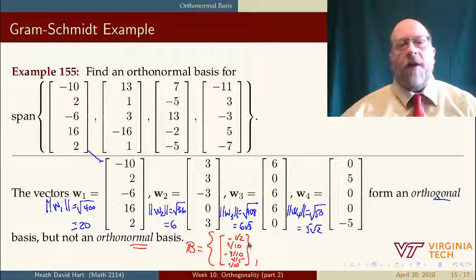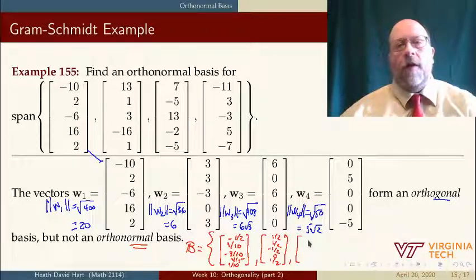These vectors get divided by 6. So we get 1/2, 1/2, negative 1/2, 0, 1/2. These vectors get divided by 6 root 3. So we get root 3, 0, root 3, root 3, and 0.